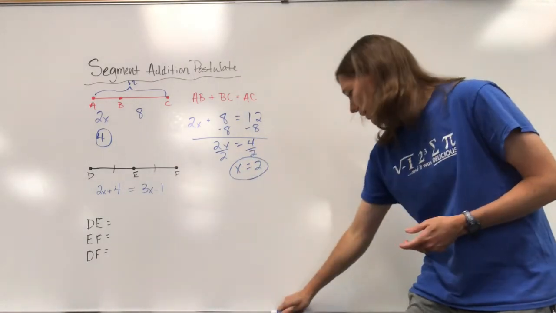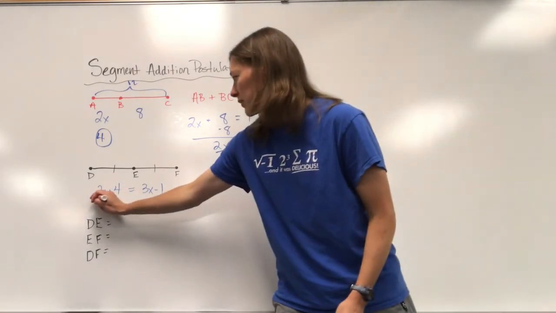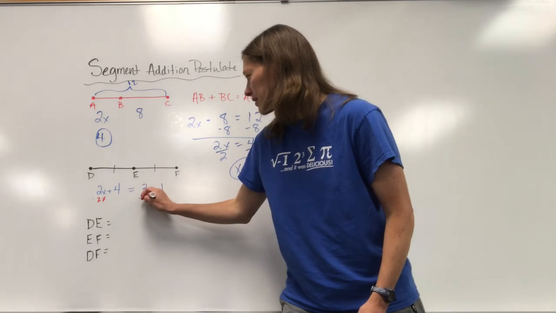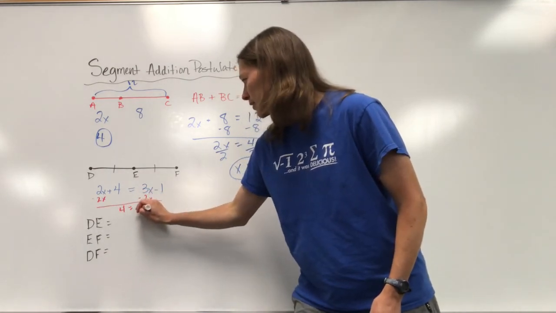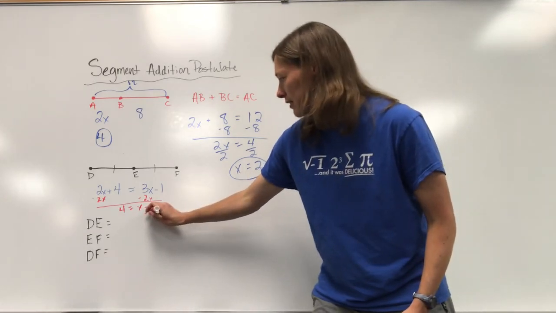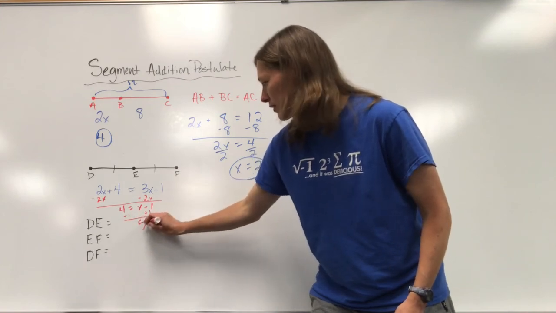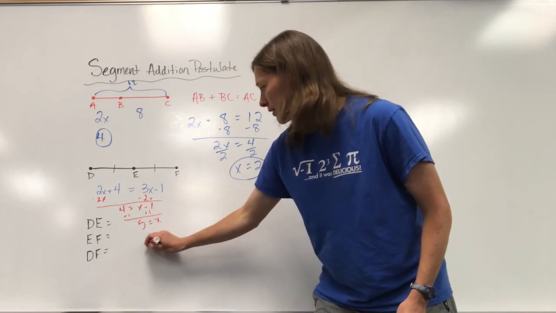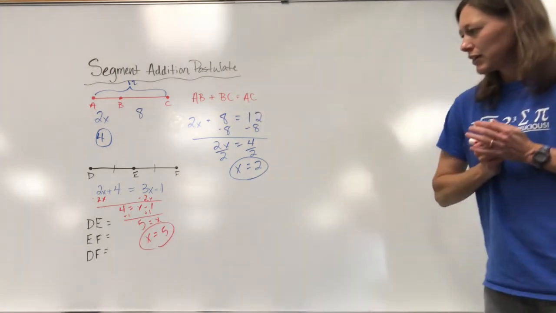And then I'm going to solve again. I'm going to get rid of my x's on this side. So I get 4 is equal to x minus 1. I'm going to add 1 to both sides. So I get 5, x equals 5.